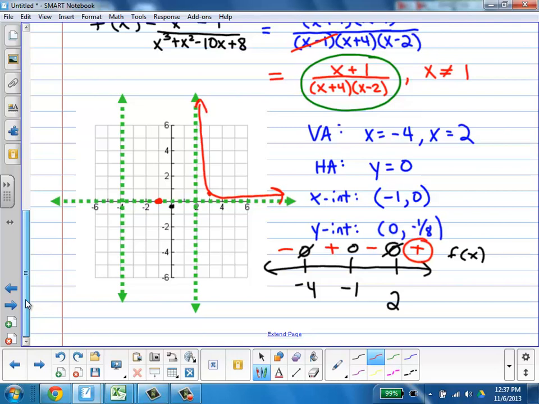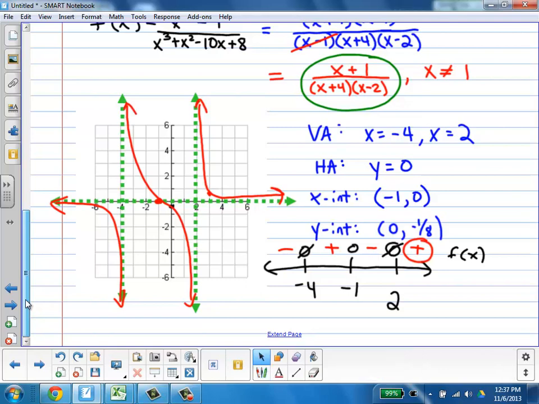From negative infinity to negative 4, the graph is negative and also has to fit in those asymptotes. Again, you can plot a point if you like. In the middle, it starts positive and then goes negative, and it has to follow those vertical asymptotes. It has to go through the intercepts.